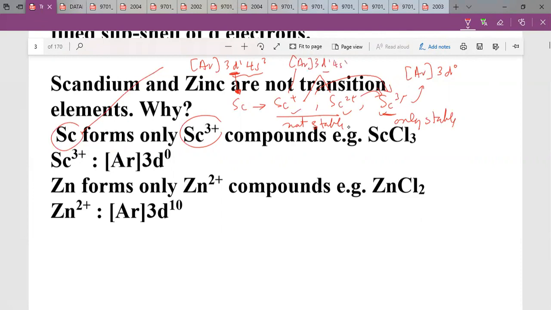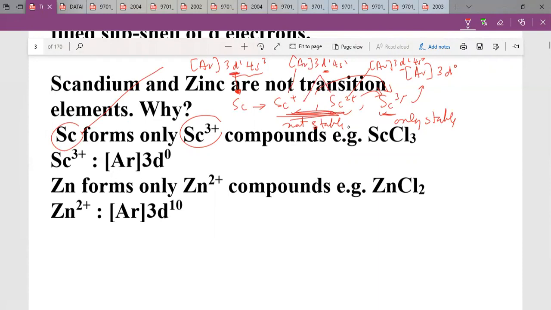See, incompletely filled d. This one, 2+, is Ar 3d1 and 4s0. But they are not stable. So that's why they are not in your transition metals.